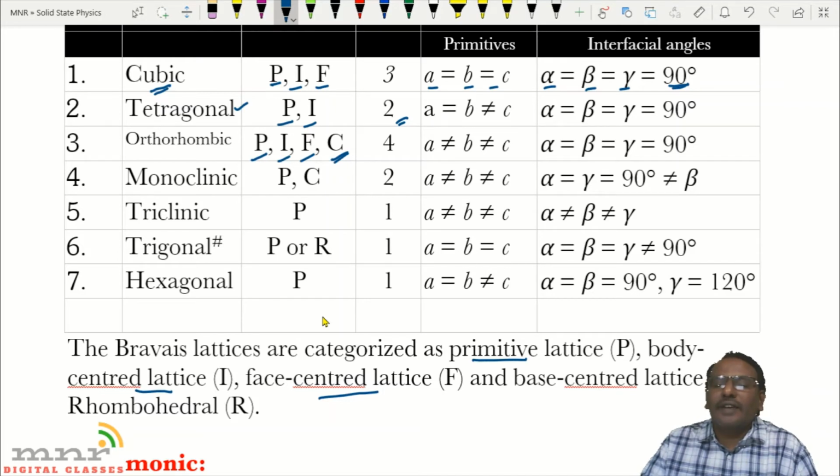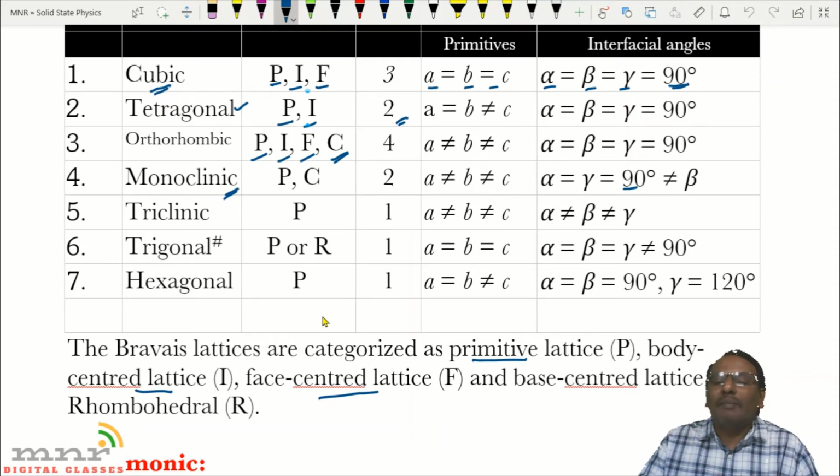The next crystal system is monoclinic. In this case, the primitives are not identical to each other. a is not equal to b, c, whereas alpha and gamma are equal to 90 degrees but not equal to beta. Beta has a different angle. Only alpha and gamma are 90 degrees. In the monoclinic system, we have two Bravais lattices possible.